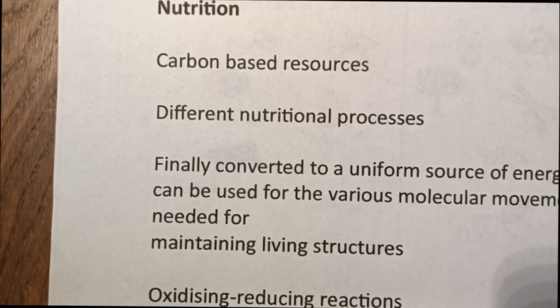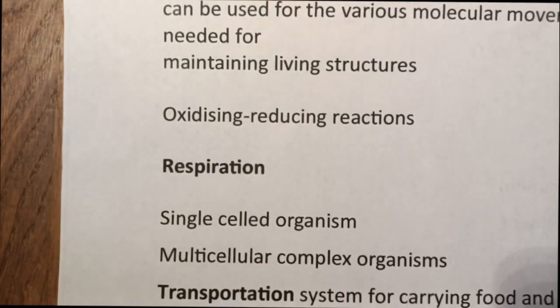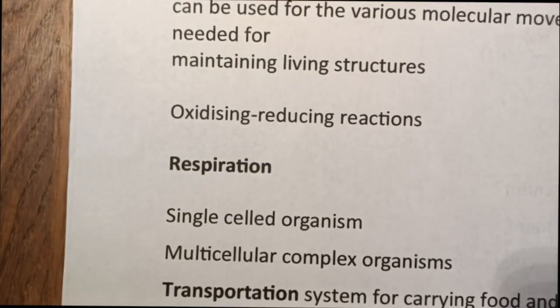So this involves a series of chemical reactions inside the body, and the most common means of breaking down and rebuilding of this kind, the most common reaction involved in this is oxidation and reduction, that is oxidizing and reducing reactions.